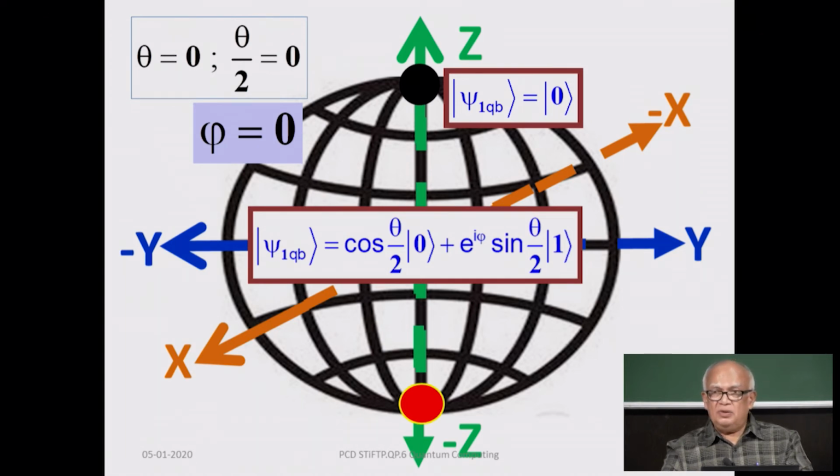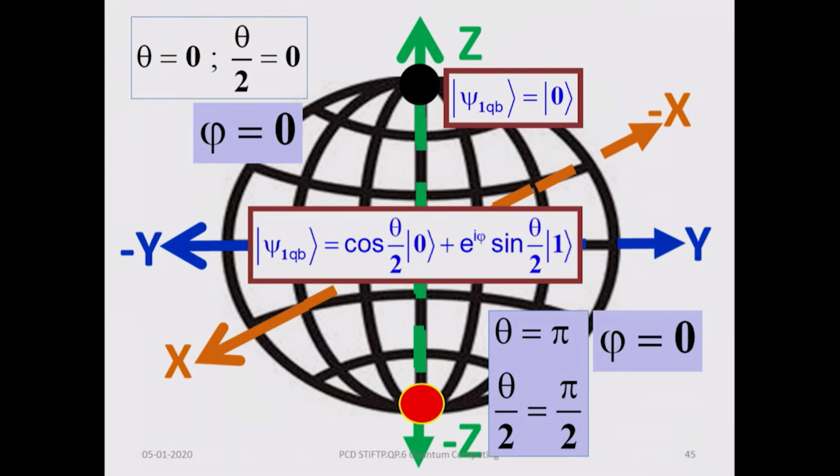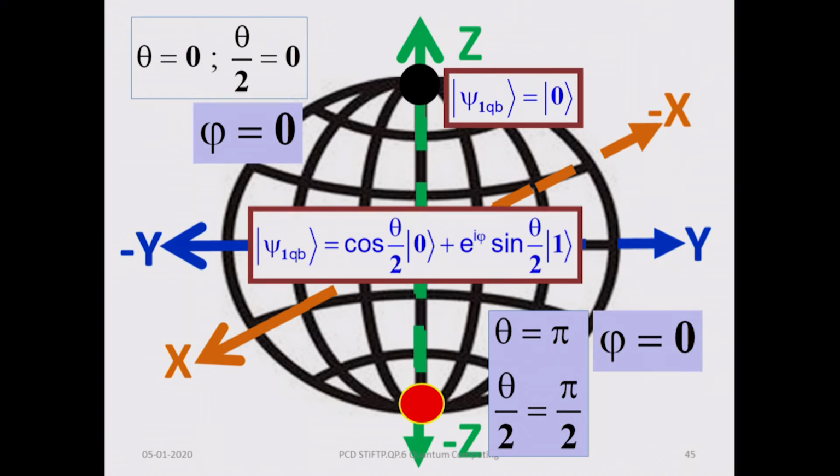Now, theta is equal to pi, but we are using not theta, but theta by 2. So, it is pi by 2. And then we are going to use the cosine and the sine of these. So, what is this state? 1. Now, mind you, 0 and 1 in the Hilbert space are orthogonal to each other. On this sphere, they are collinear, but this is not a description of the Hilbert space.